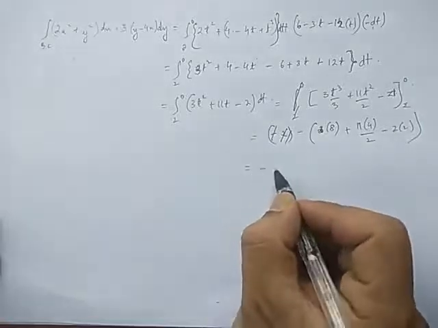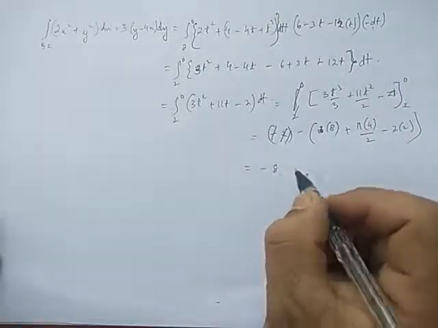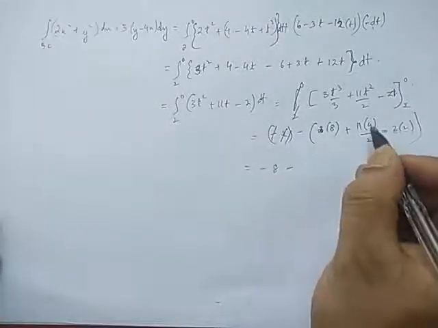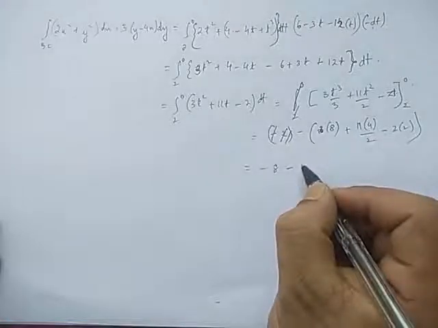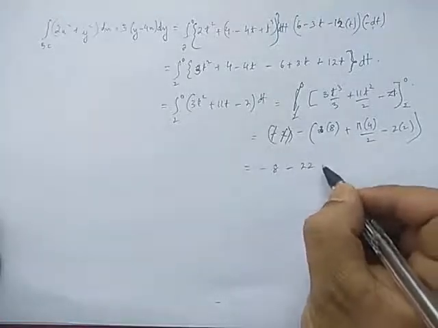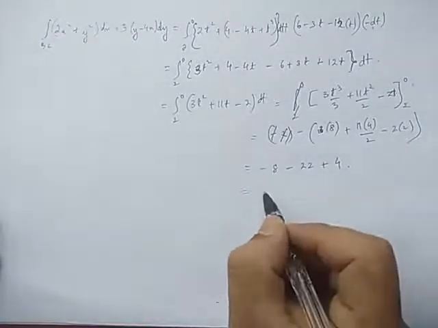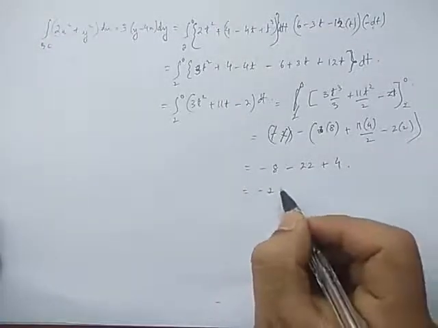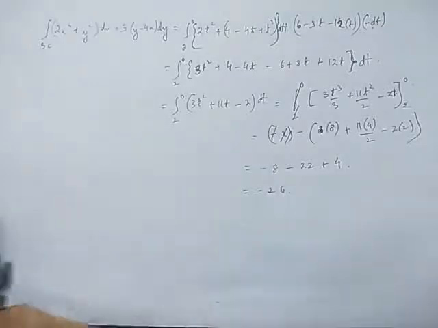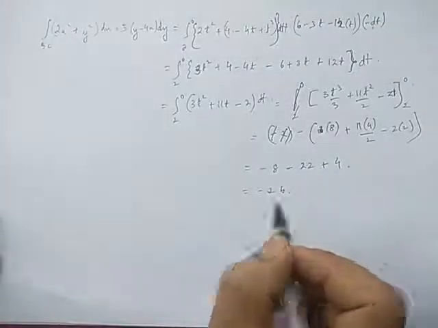So I will have minus 8, minus 22, plus 4. So I will have minus 26.